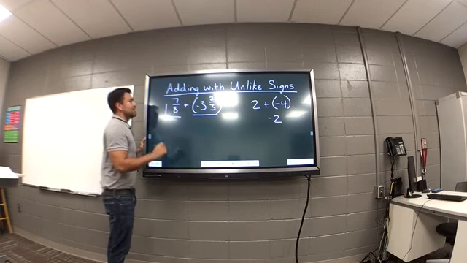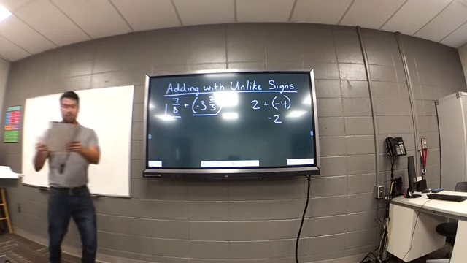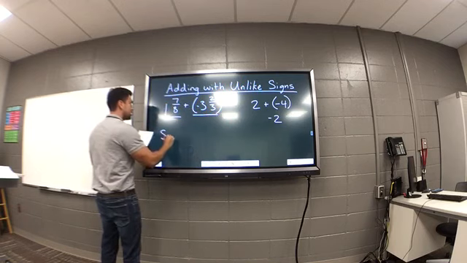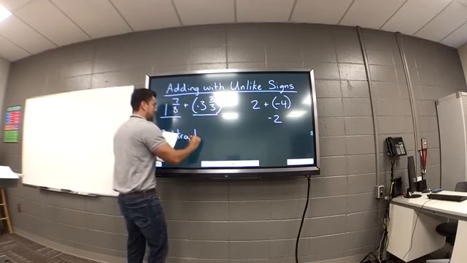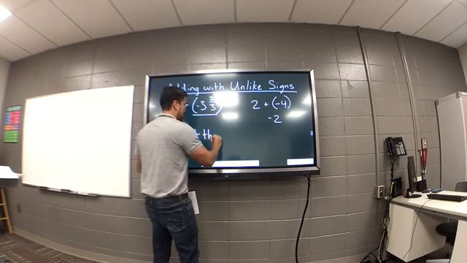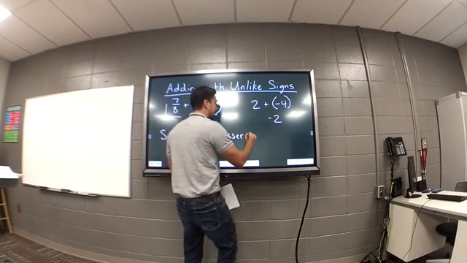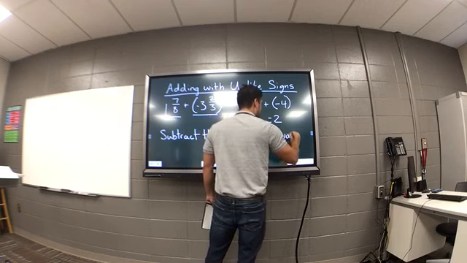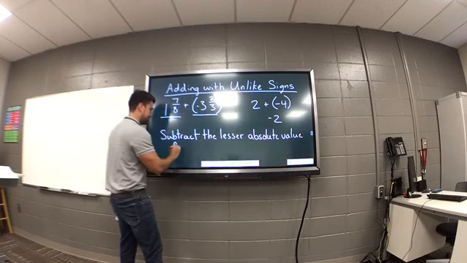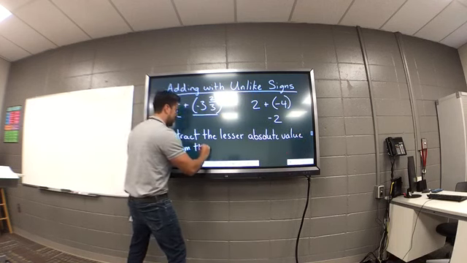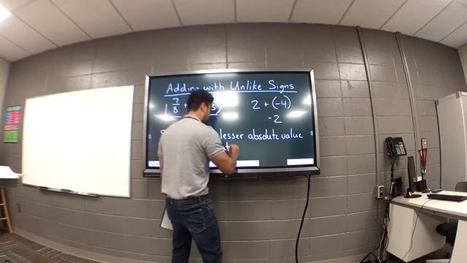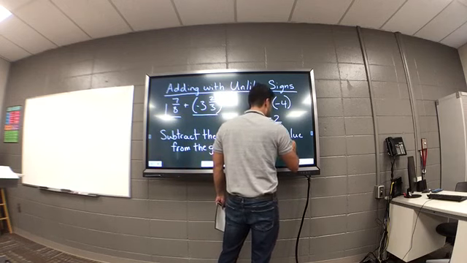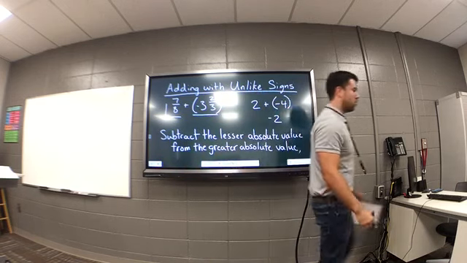Okay. So here's the rule. I'm going to write it down, then we'll work it out. For adding with unlike signs, this is what you do. Subtract the lesser absolute value from the greater absolute value, comma, because there's one other step.